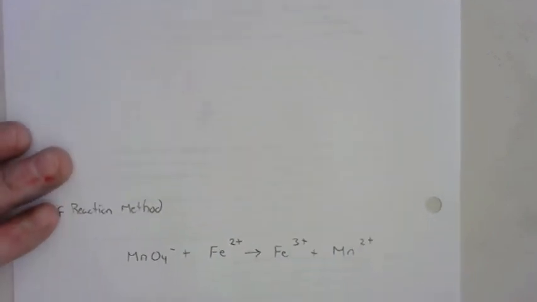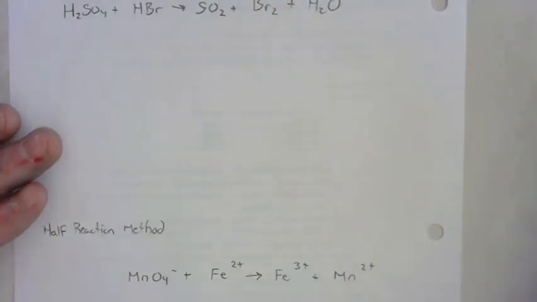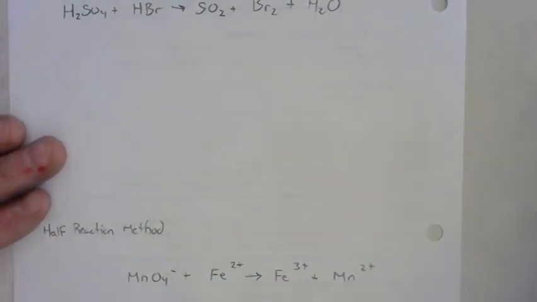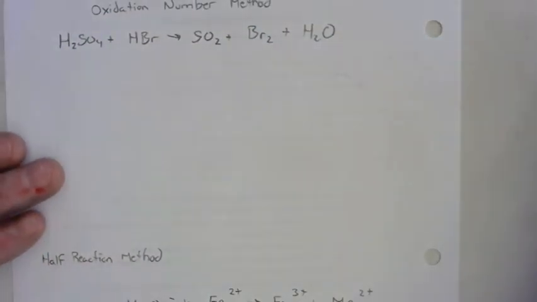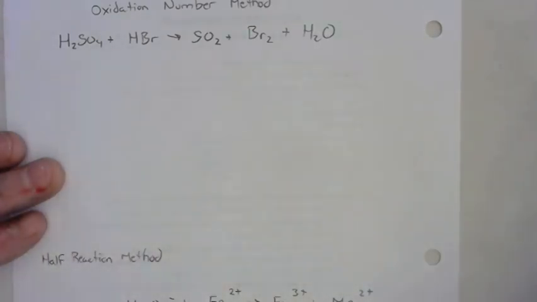So the first step for the first part is always to assign oxidation numbers, using the rules for that. Looking at this equation, there are no pure elements, so there's no rule number one. Rule number two is for ionic compounds, not really applicable here.